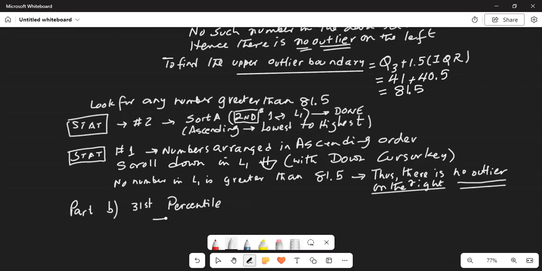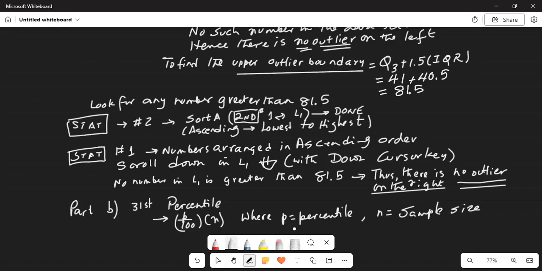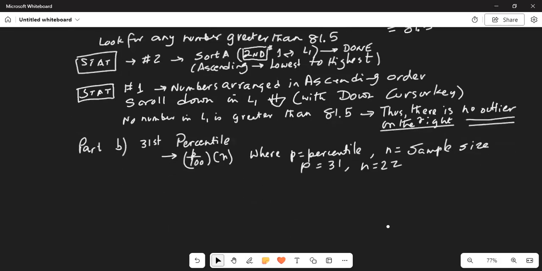The formula for that is P over 100 times N, where P is the percentile and N is the sample size. In our case, P is 31 and N is 22.